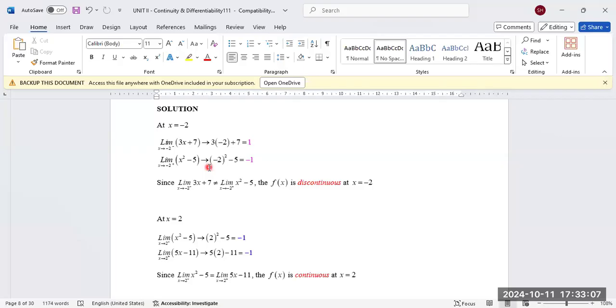Remember now, if I want to investigate what is happening at x equals -2, I must look at the left-hand side of -2 and I must look at the right-hand side of -2, don't I? Correct, sir. I can't just look at the left side and say it's continuous. I have to look at both sides of -2.